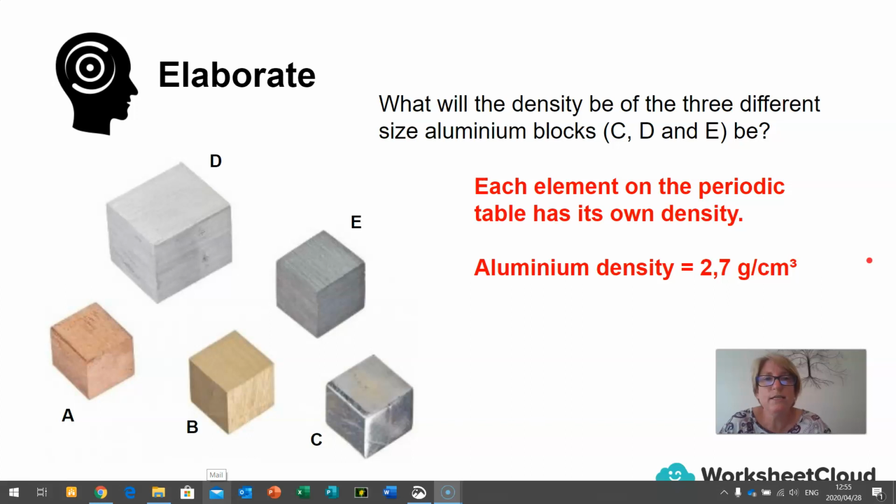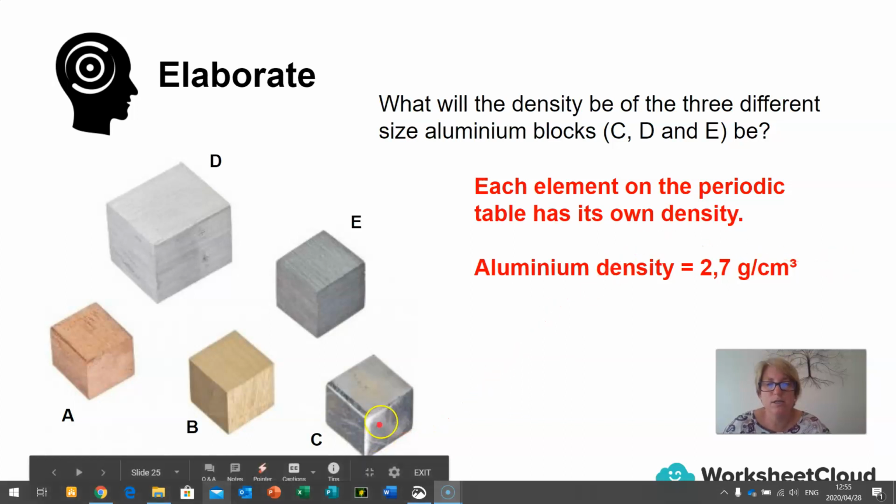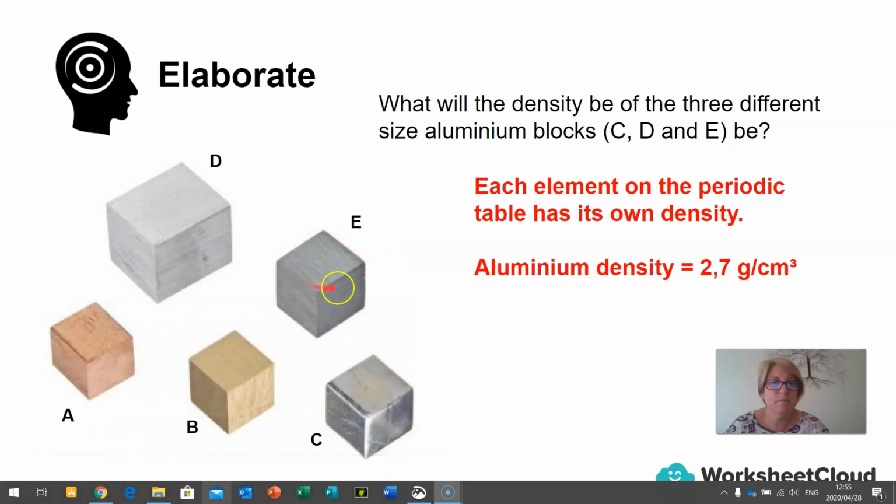So what will the density be of the 3 different size aluminium blocks C, D, and E? C is the smallest, E is the medium size, and D is the large.